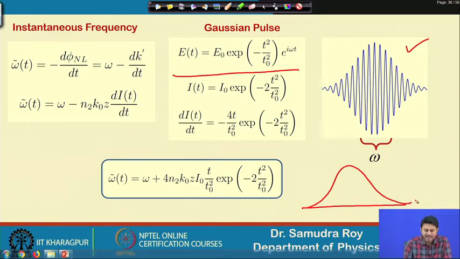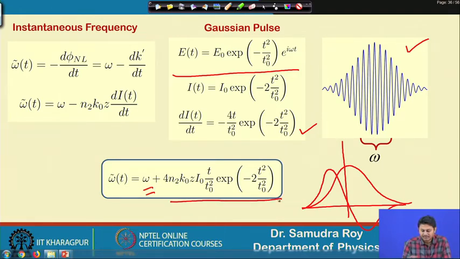And now if I take a time derivative of this intensity, we will have a term like this, which is the derivative of a Gaussian function. We know that if I take the derivative of a Gaussian function and plot that, it will be something like this. So, the instantaneous frequency is now omega 0 plus this quantity.